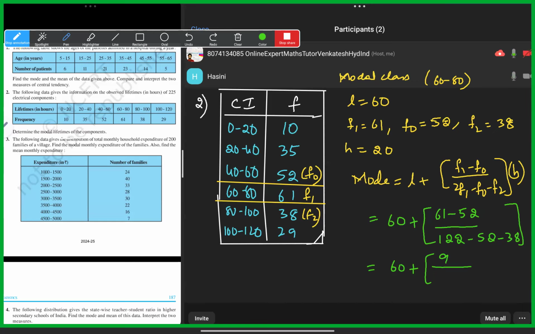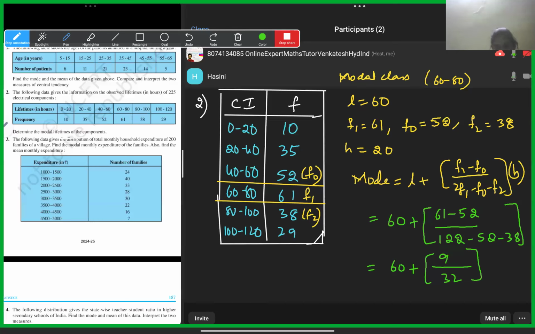So 122 minus 52 is 70. 70 minus 38 is 32. Correct, Hasni. Okay.